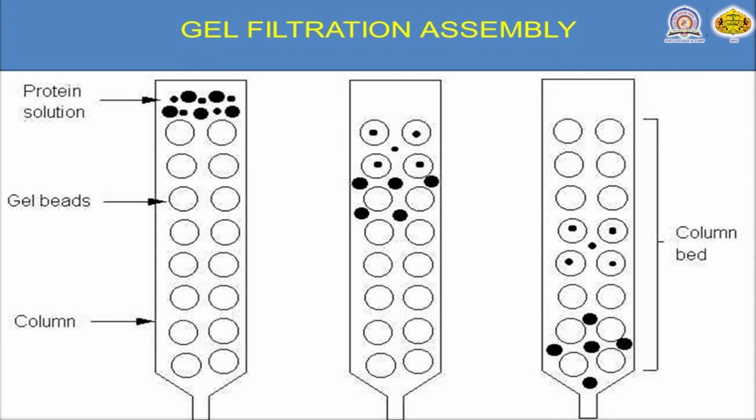So this is the general assembly used in the gel filtration technique to purify enzymes. Enzyme or protein purification based on size is generally done in this type of chromatography, which is column chromatography.